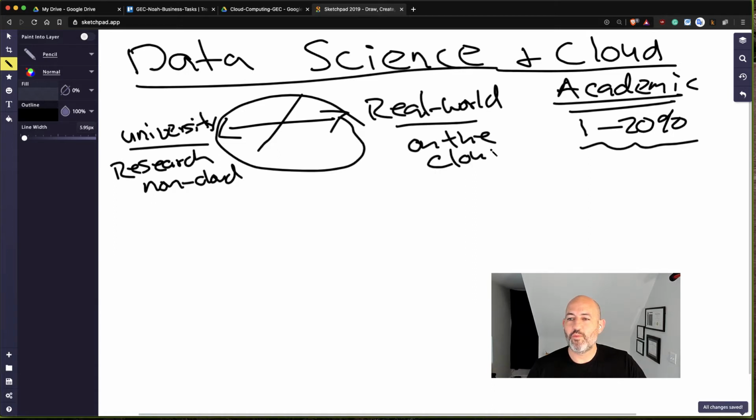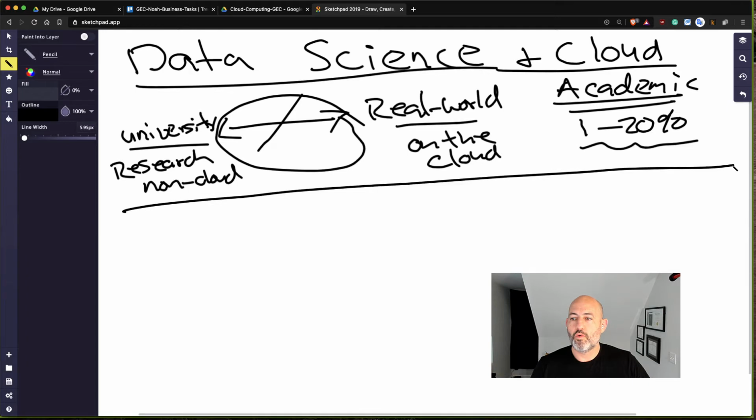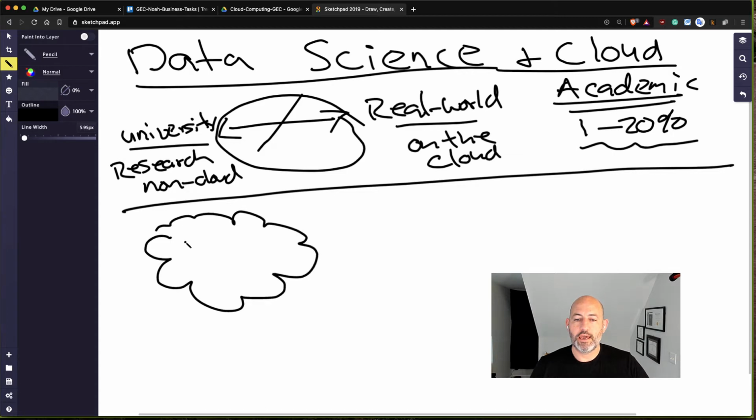And in particular, we've got a problem with data science because there's a whole set of problems that don't work with traditional data centers. So let's talk about this. In particular, one of the problems is this data lake problem. The data lake is an interesting concept that sounds simpler than it really is.